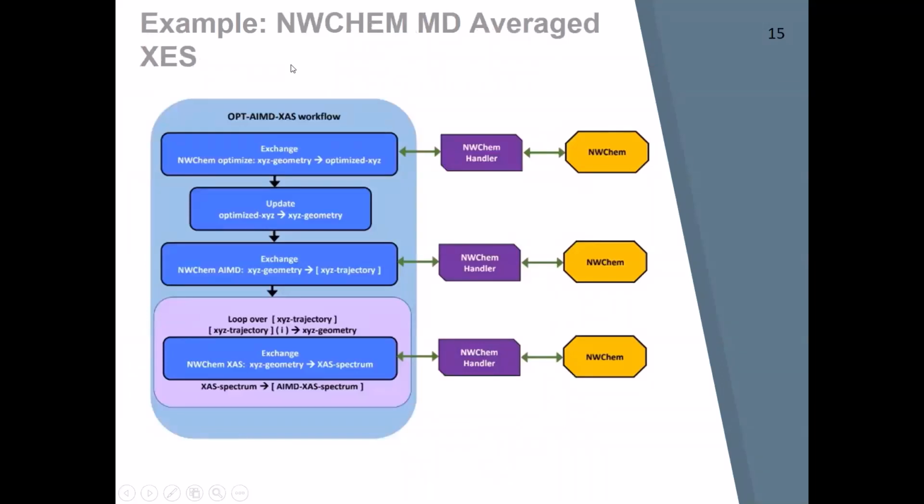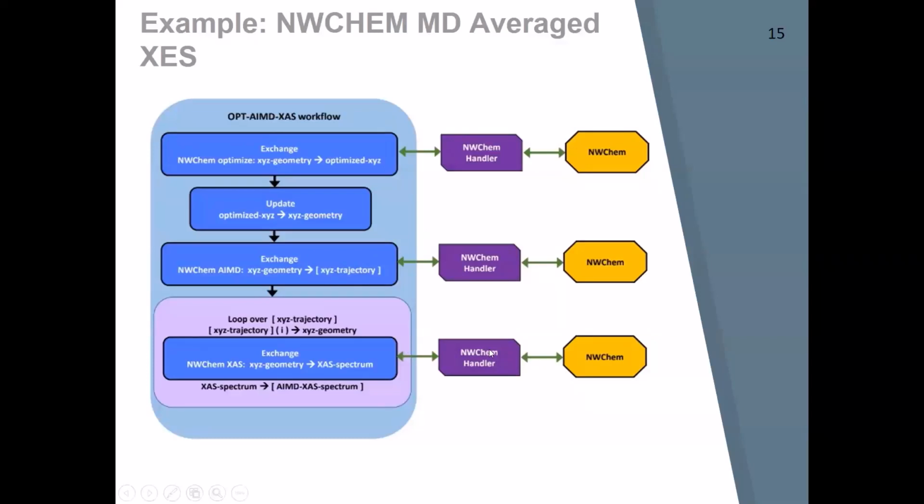Okay, so let's look at another example. This is NWCHEM, where you do molecular dynamics and then you average over XES, and again you have exchanging of data, an NWCHEM handler that's specifically for molecular dynamics, or at least a piece of the handler that's for molecular dynamics.